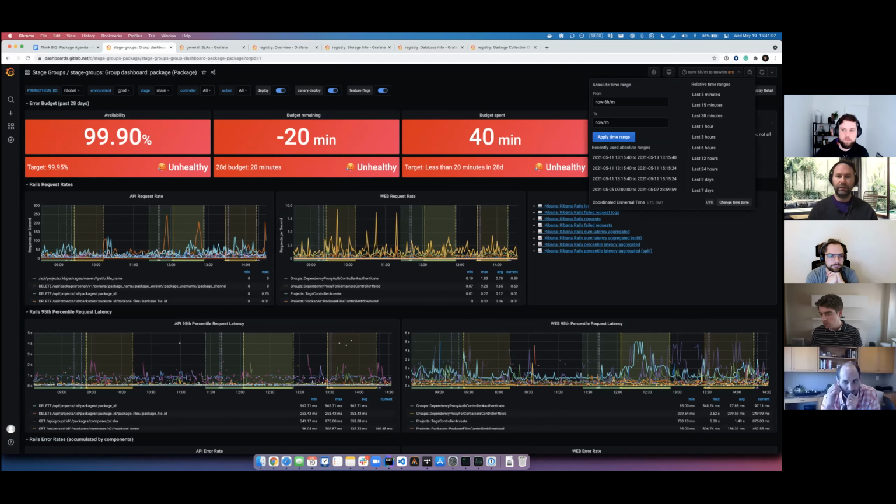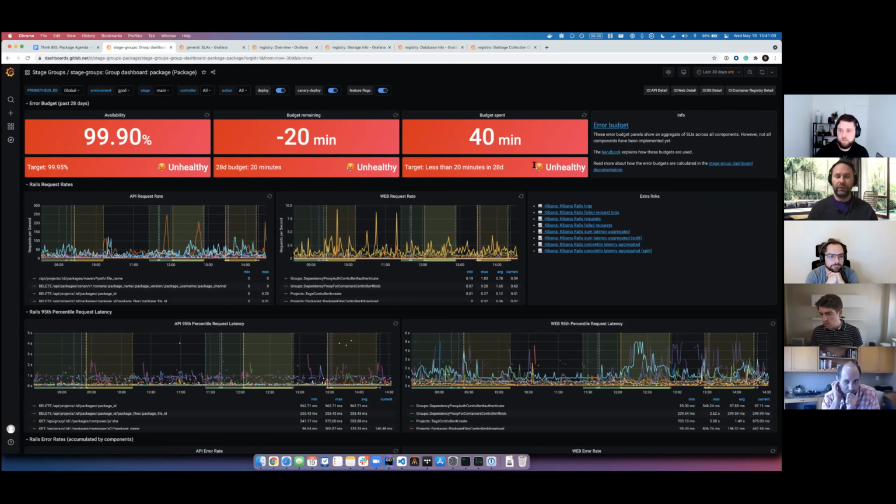Let's see the last 30 days. Yeah, so we are also in negative, minus 18 minutes. So we have spent almost 40 minutes of downtime in the aggregated package API routes. That's how it is measured, taking the SLOs and the SLIs, and then finally getting to the SLA.